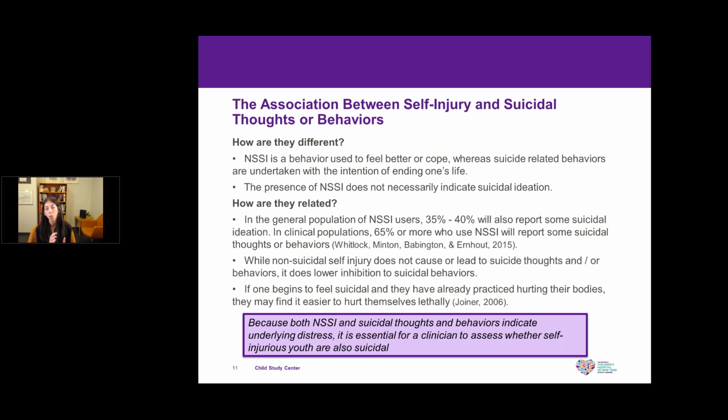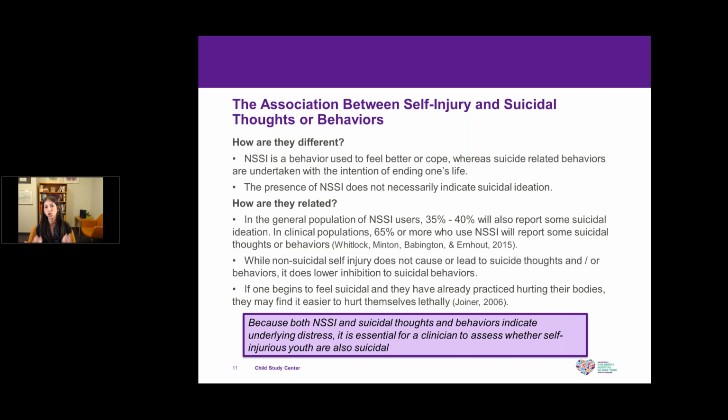In addition, while self-injury doesn't necessarily cause or lead to suicidal thoughts or behaviors, what we do see is that it tends to lower the inhibition to suicidal behaviors. In other words, if an individual begins to feel suicidal and they've already practiced harming their bodies in multiple ways, they may find it easier to hurt themselves lethally.